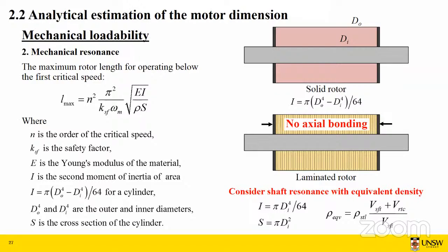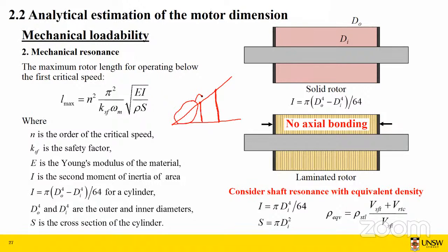You can also have a second critical speed, which reaches the second resonance frequency, and a third critical speed. Basically, if your speed increases, and you have your first critical speed here, and let's say your second critical speed is here, your motor can work in this region with no resonance problem.